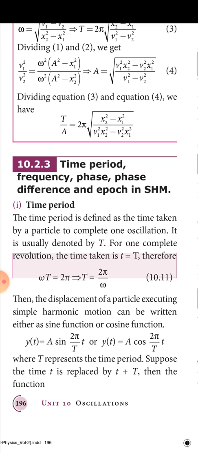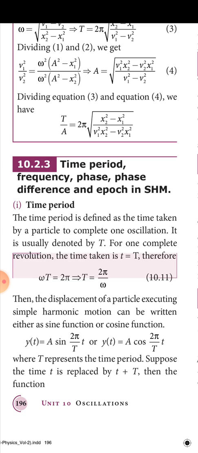And one more topic we revised, which means discussed, the projection of uniform circular motion on a diameter as simple harmonic motion. And finally, the graphical representations of displacement, velocity, and acceleration of simple harmonic motion.